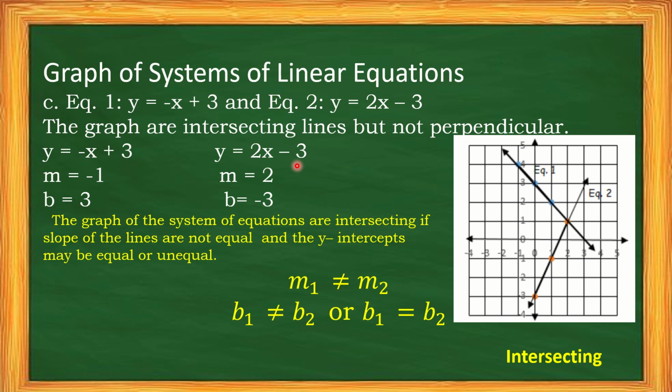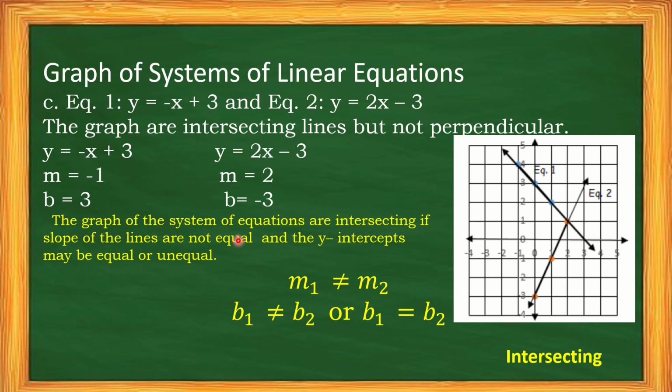As you can notice, the slopes are unequal, and so are the y-intercepts. If that is the case, it will form intersecting lines.